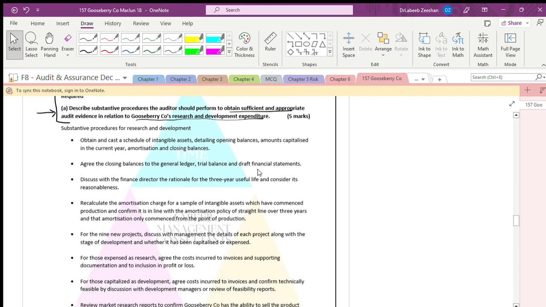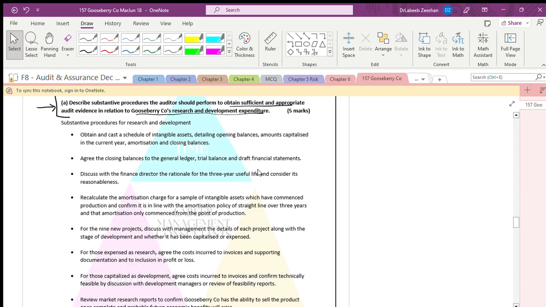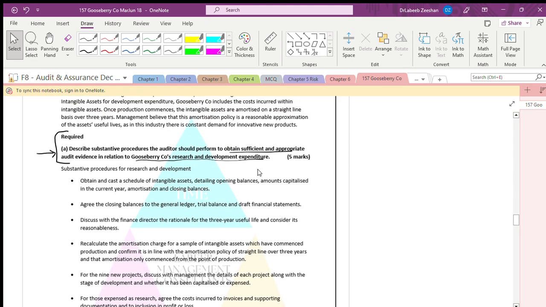Fine. Now, when you are talking about research and development, make it a point: the rule says what are the basic conditions.